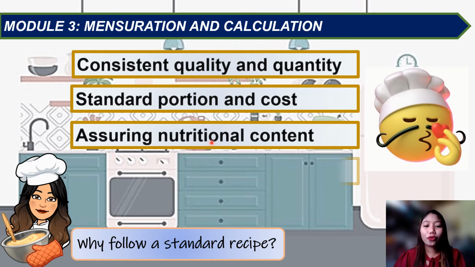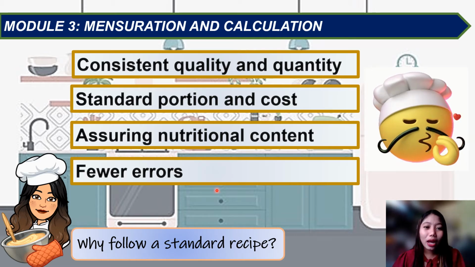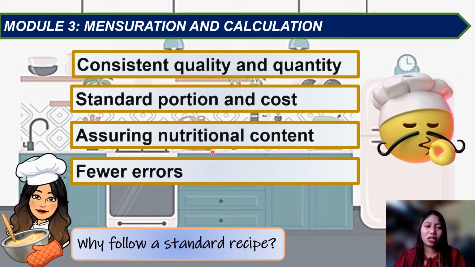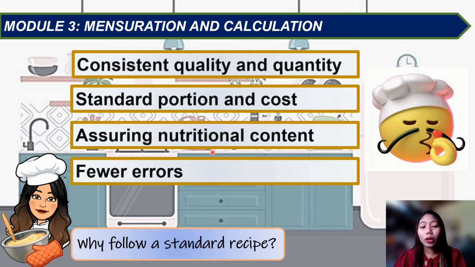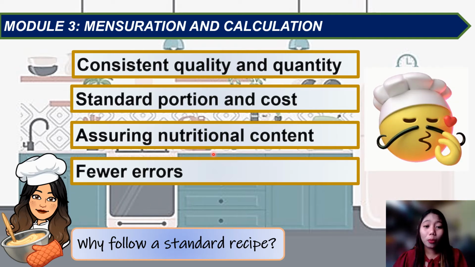Another importance of having a standard recipe is that it helps you to avoid fewer errors. Kasi nga po, eksakto na yung sukat, may step-by-step ka ng sinusunod na procedures. So, it will help you to lessen the chances of committing mistakes. Nasobrahan ng asin, nasobrahan ng init, ng mantika, or ng tubig, overcook, ayan. Kasi sometimes, those errors, ang ginagawa natin, inuulit natin yung pagluluto.